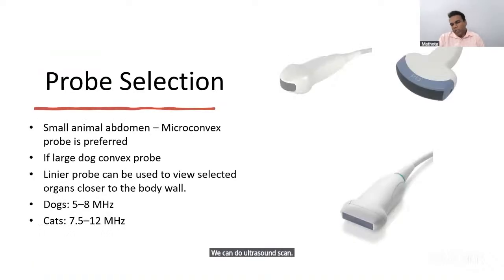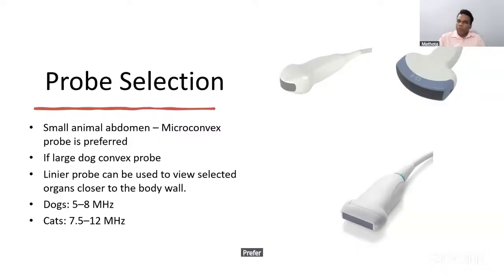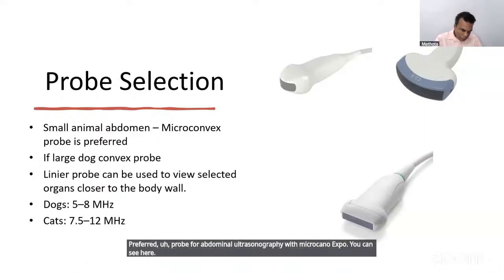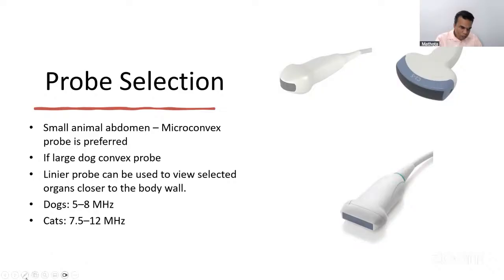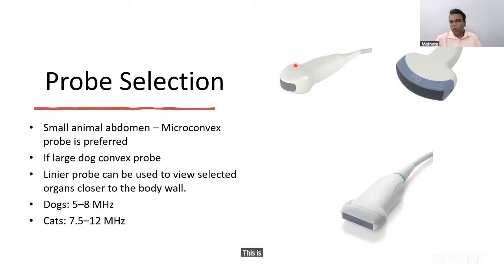Then I will talk a little about the machine, because machine selection is very important to get an optimized image. In ultrasonography, image optimization is very important to get clear images and proper diagnostics. The preferred probe for abdominal ultrasonography is the microconvex probe. You can see it here.